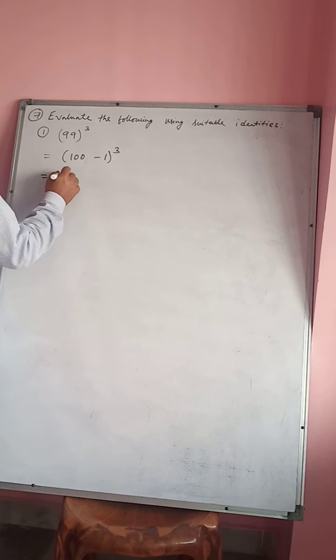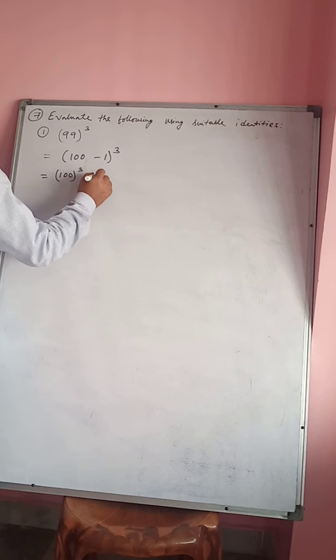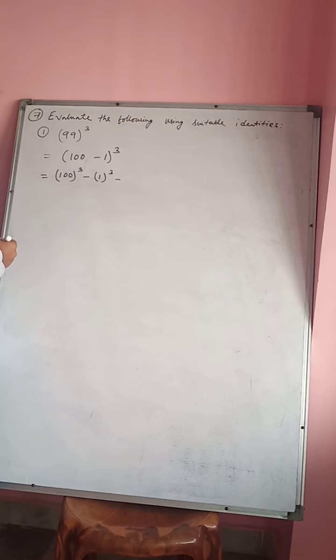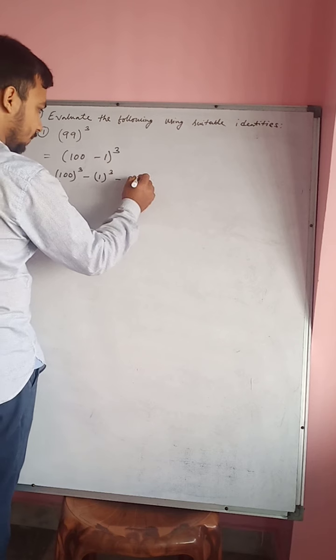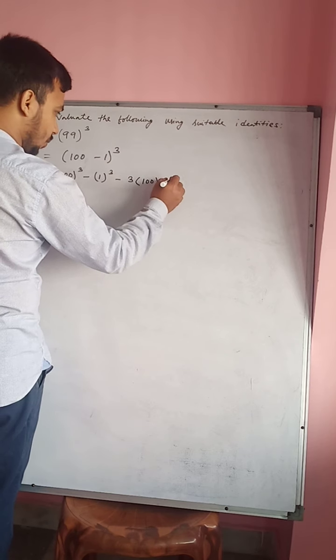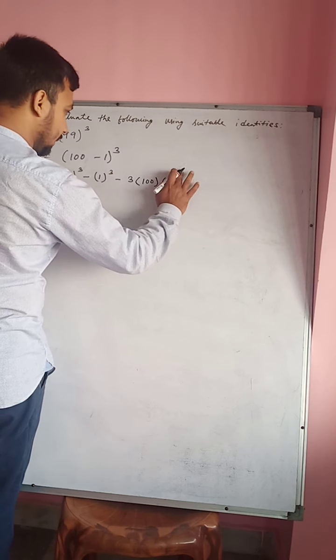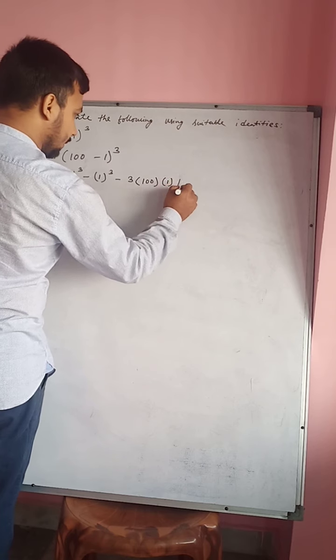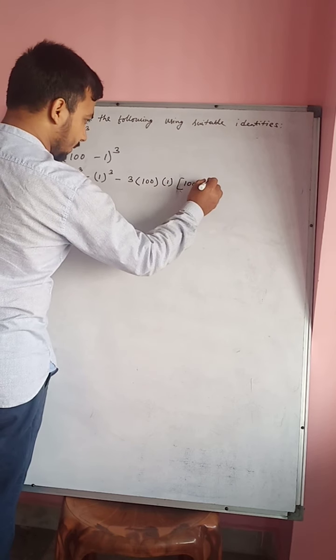So a means 100 cube minus b means 1 cube minus 3 into 100 into 1, and in bracket it will be 100 minus 1.